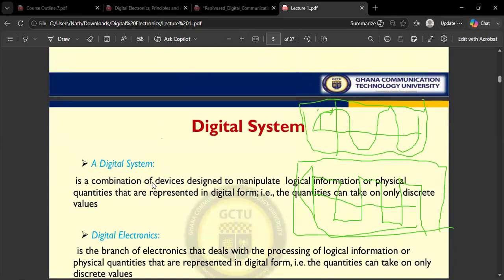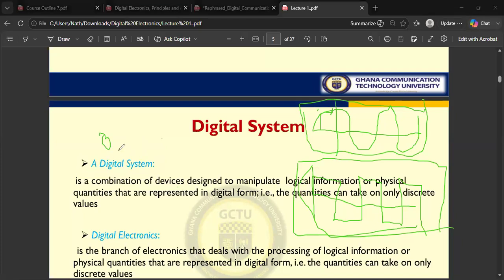It is concerned with the manipulation of logical information or physical quantities that are represented in digital form. When you see digital forms, they are the zeros and ones, right?